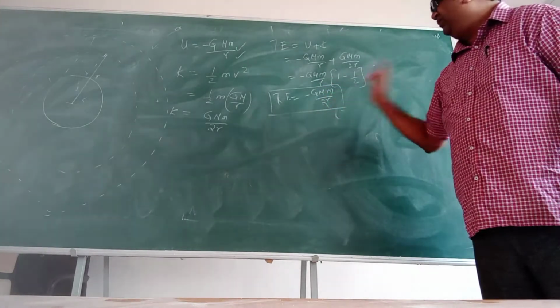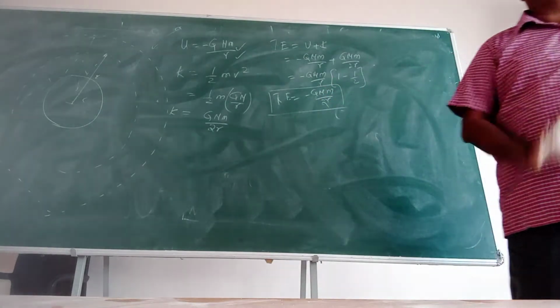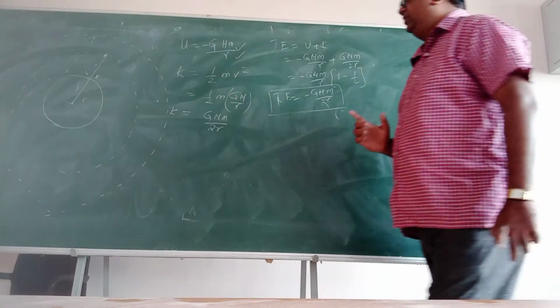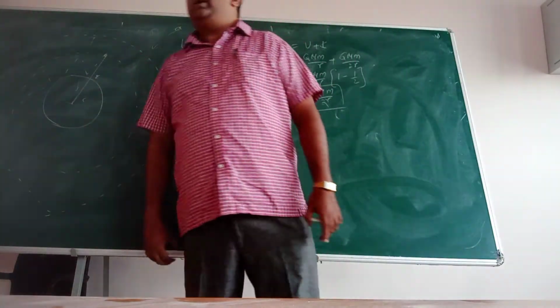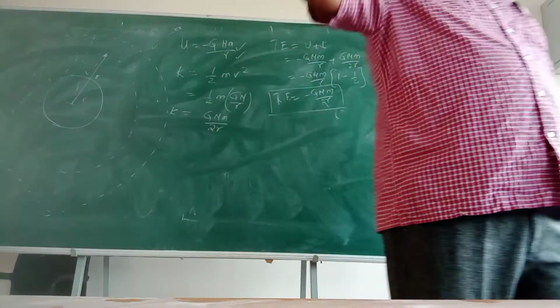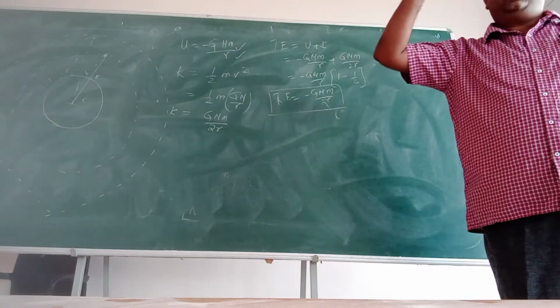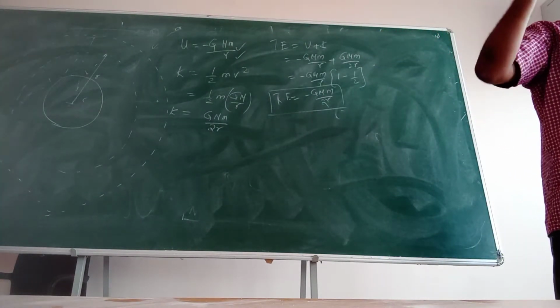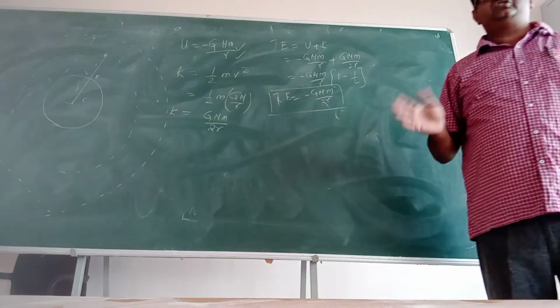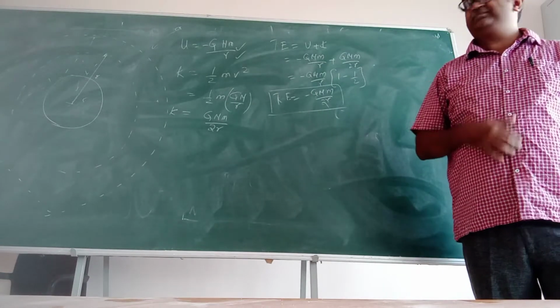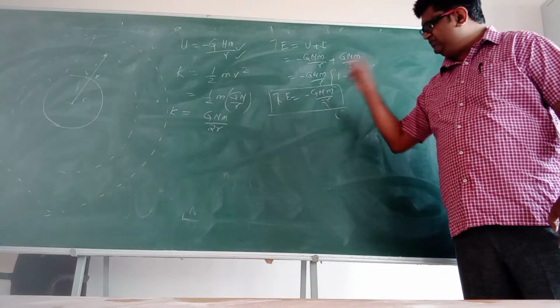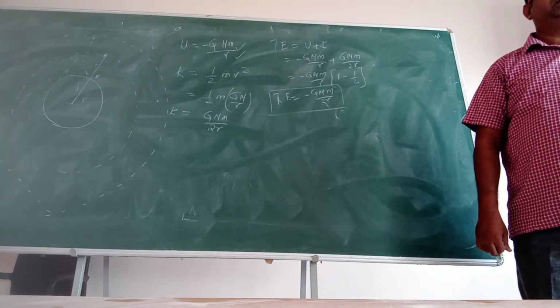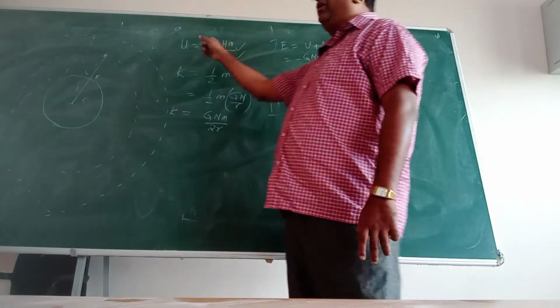So minus G M m by 2r is the expression to calculate the total energy of a satellite at a particular point above the Earth, but the condition is that it should be under the influence of the gravitational field. Okay? Observe here, this value is negative. This potential energy value also is negative.